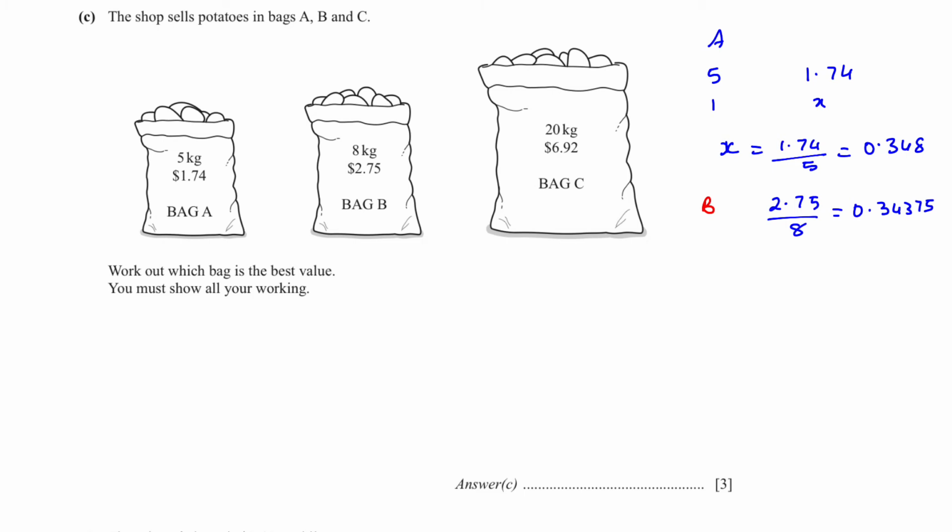And for bag C, 6.92 divided by 20, and we will get 0.346. So as you can see very clearly that per kilogram, this is the cost. And which bag gives us the best value? Bag B. The lowest value you should take.